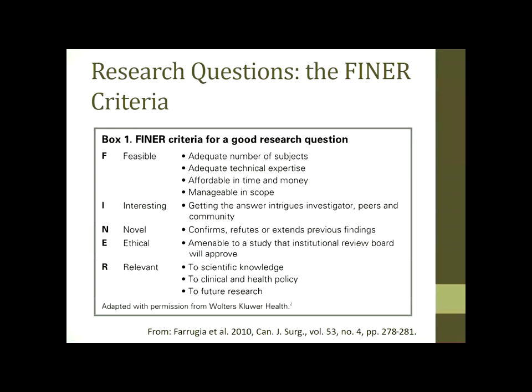All research by its nature has to have something about it that's novel, has to be new in some way. So it needs to be such that it is confirming, extending, refuting previous findings. All right? So if the answer is already known, well then we should be looking at just using information that's already available in literature rather than repeating work.